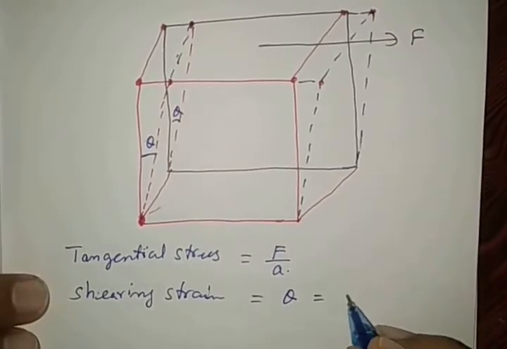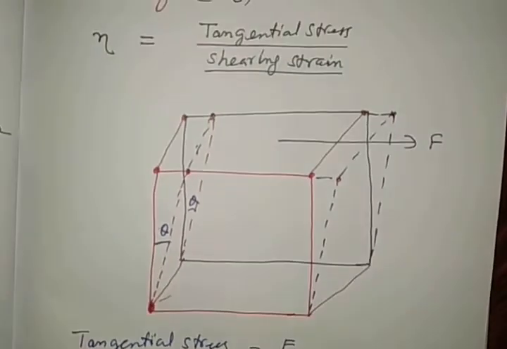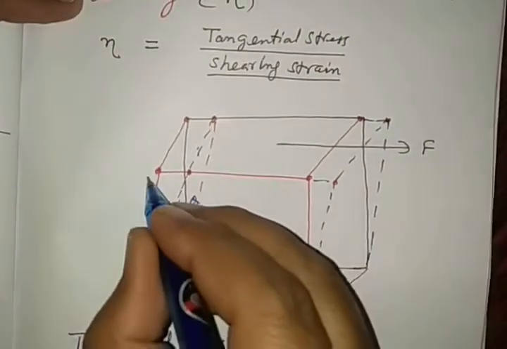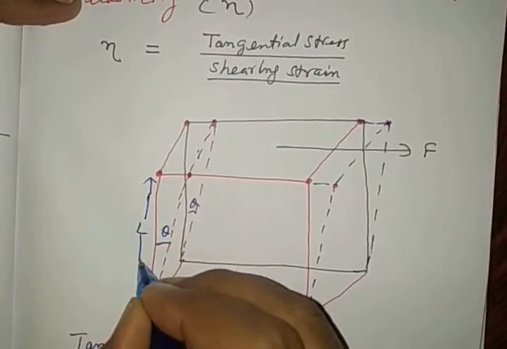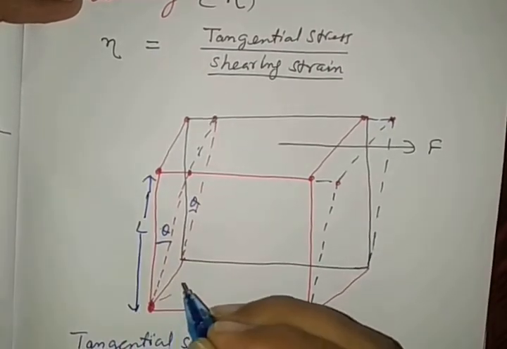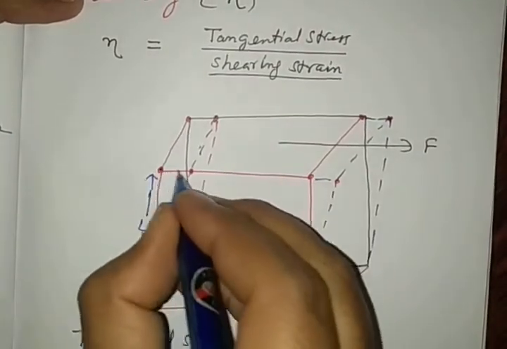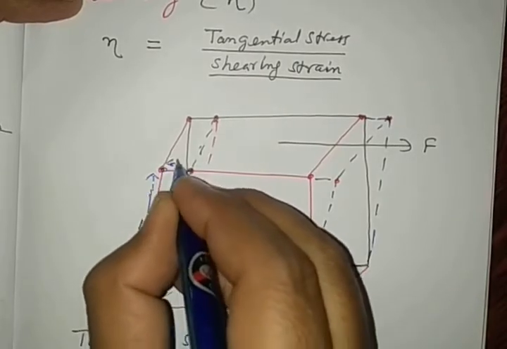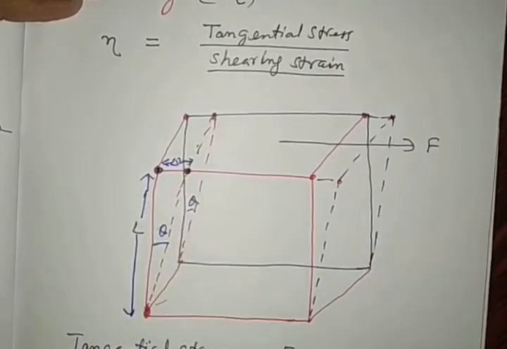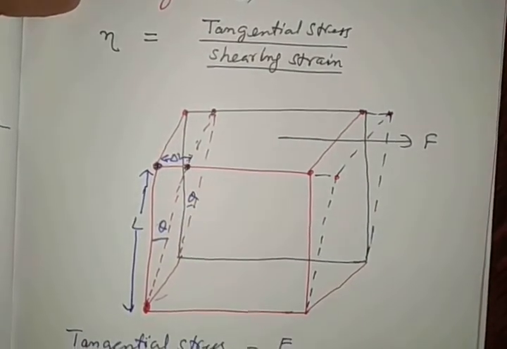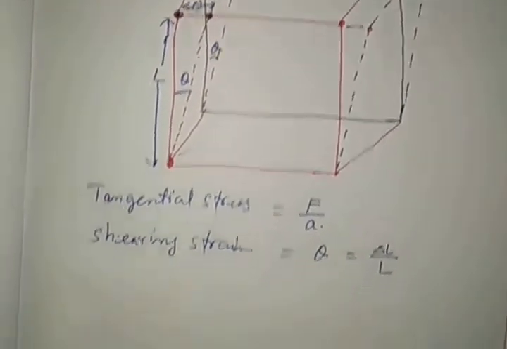That is, we can determine this as L and the leaning delta L from here to here, so theta is delta L by the original length.